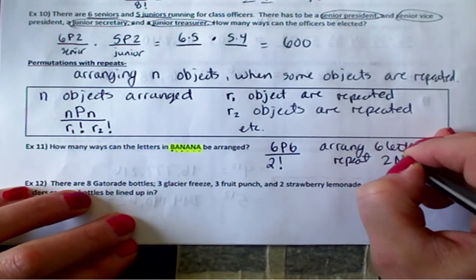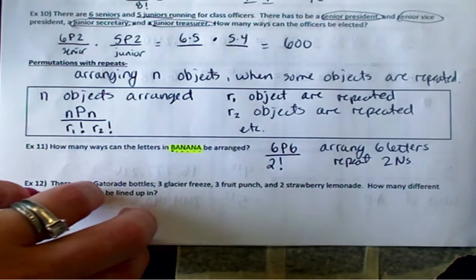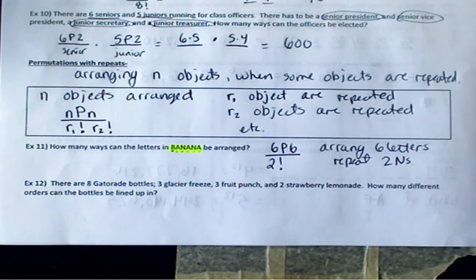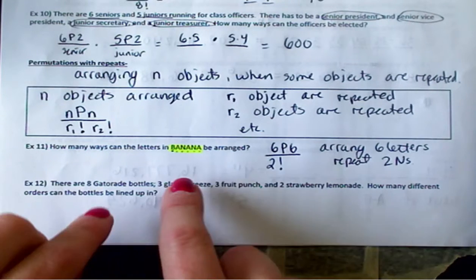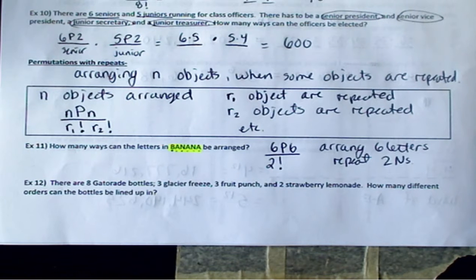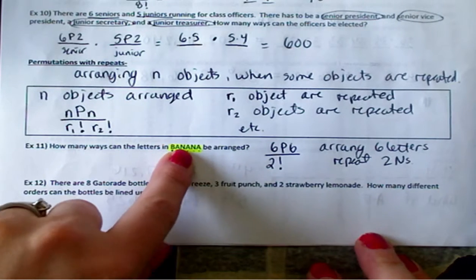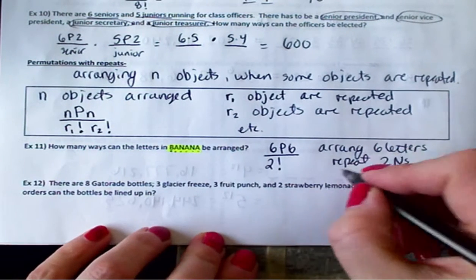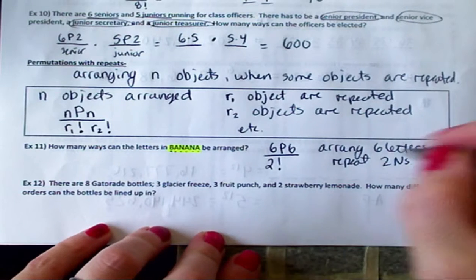Repeat 2 ends. And then I look at banana: 3 A's. If I rearrange all of the A's, it's still the same word. How many ways can you arrange 3 A's? 3 factorial.